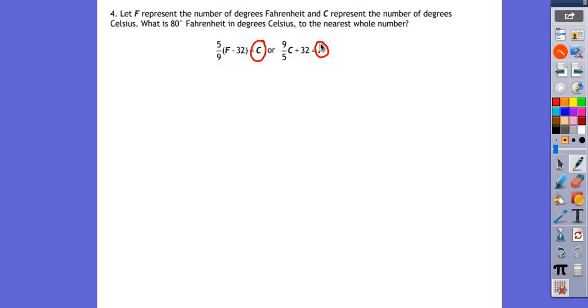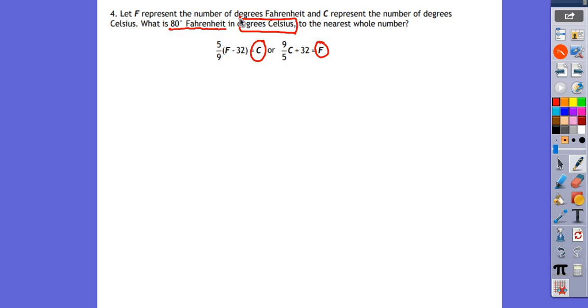Well, in this problem, it says 80 degrees Fahrenheit is what degrees Celsius? So I need to figure out which formula I need to use. What does my final answer need to be in, Fahrenheit or Celsius? It says degrees Celsius.